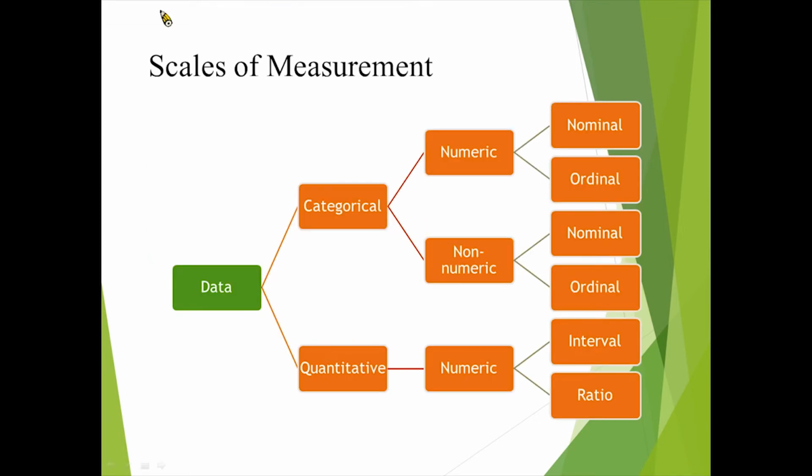Okay, so this is the scale. Data may be categorical or quantitative, and categorical data may be numeric or non-numeric. The non-numerical has nominal and ordinal, and the quantitative data is numeric, and has interval and ratio.